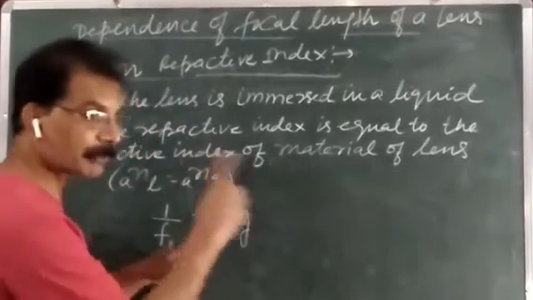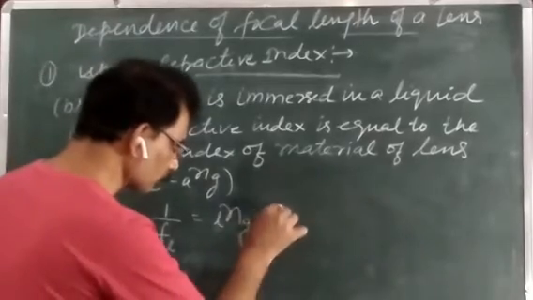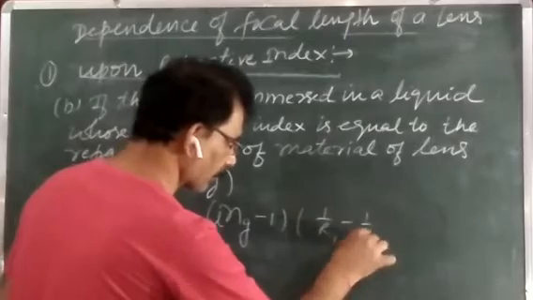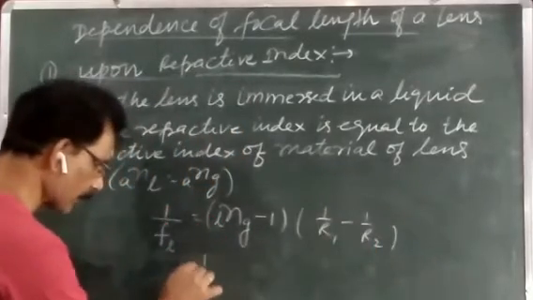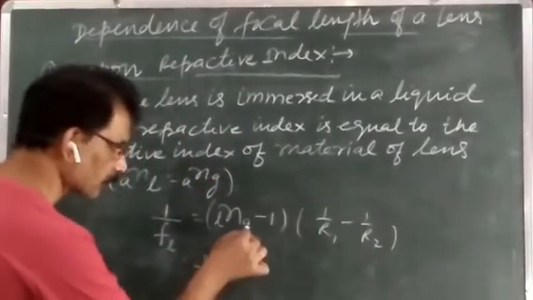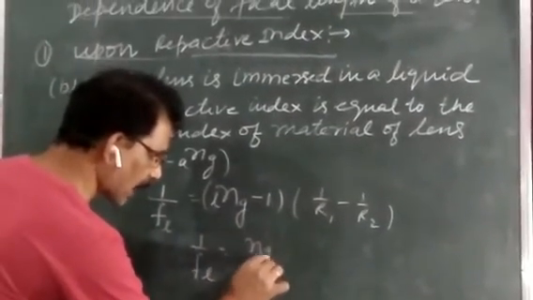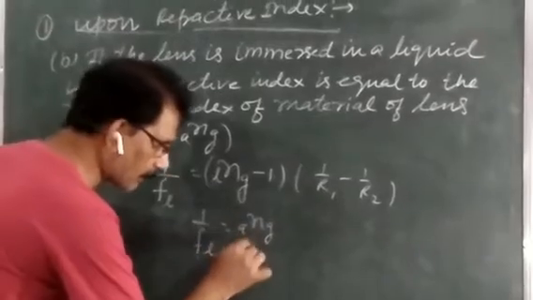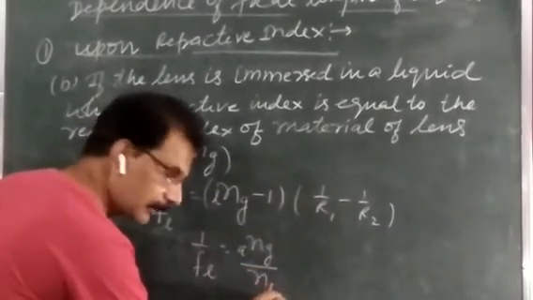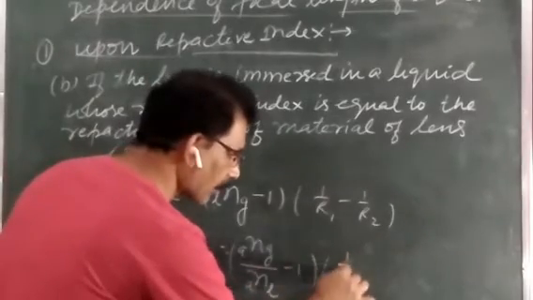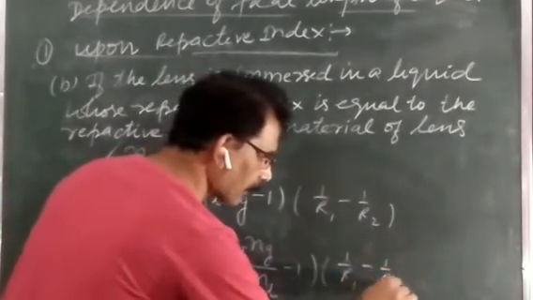Liquid में डुबाया गया तो surrounding medium liquid हो जाएगा. And you can write here 1 upon R1 minus 1 upon R2. It means here 1 upon FL is equal to glass with respect to liquid. You can write refractive index of glass with respect to air upon refractive index of liquid with respect to air, minus 1, and here 1 upon R1 minus 1 upon R2.